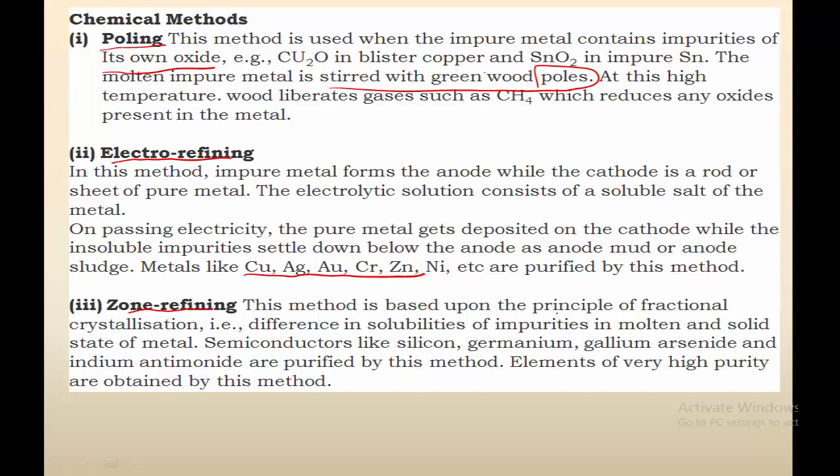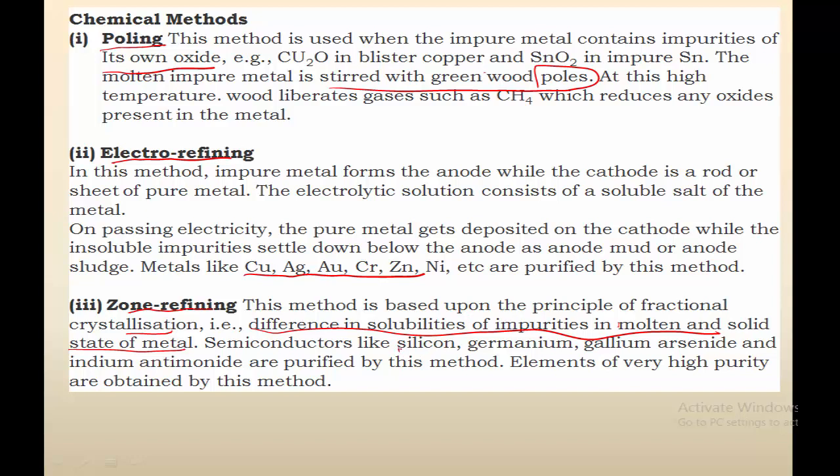This method is based mainly on the principle of fractional crystallization, or the difference in the solubilities of impurities in the molten and solid state of the metal. That means the impurities are more soluble in the molten state than in the solid state of the metal, and hence this method is used in such cases.